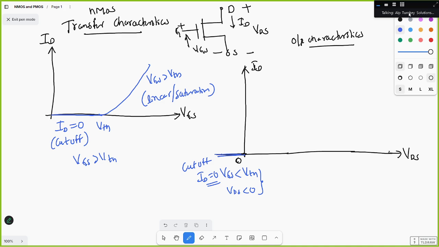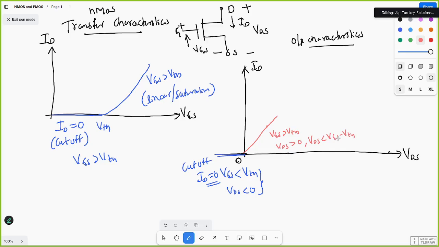What happens when you increase VGS? Channel is forming. VGS is greater than VTN, and VDS is a small value such that VDS is less than VGS minus VTN, the overdrive voltage.